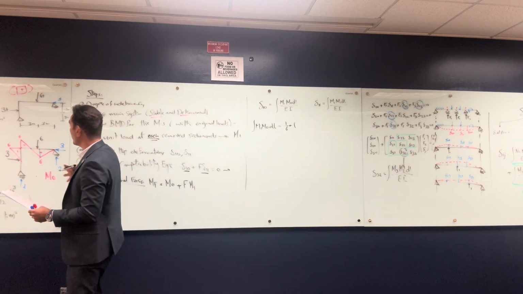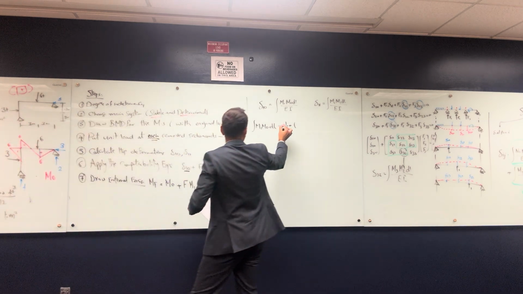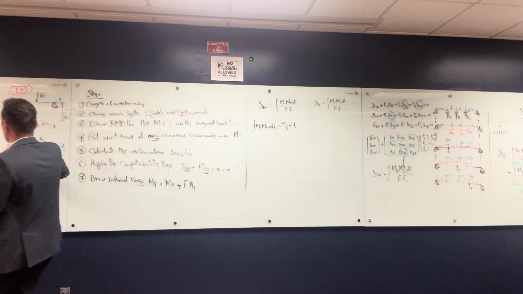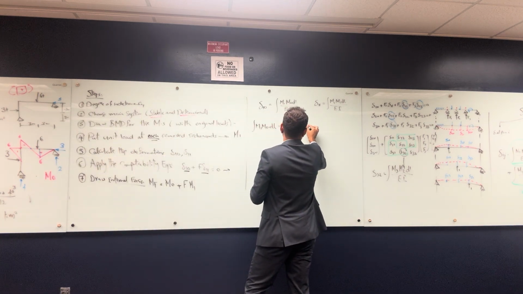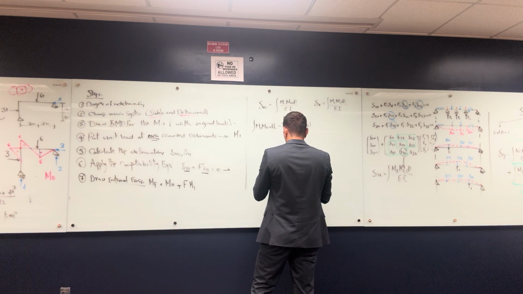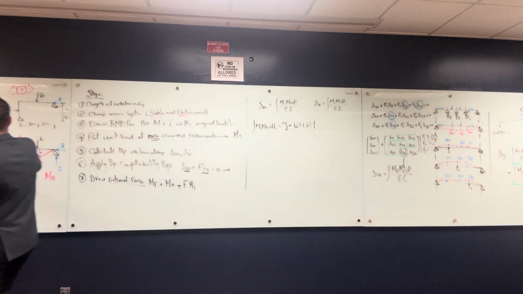This whole triangle is positive and this whole triangle is negative, so I can put a negative here and forget about the signs. Right now I have 6 and 3, so I'm going to put 6 and 3. And the length L is 4.5.